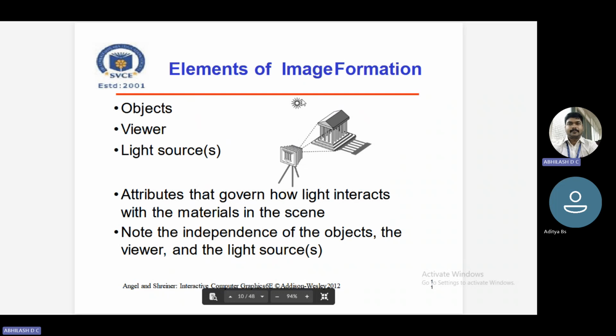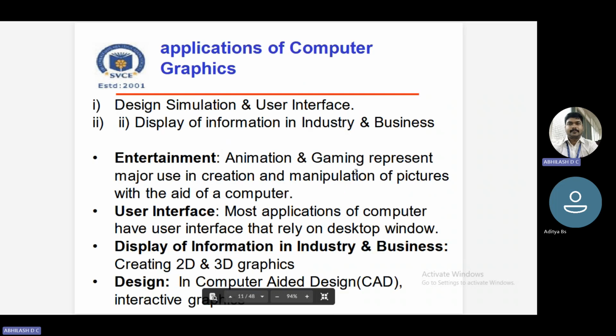So there is an object, a light, and a viewer. These are the three things needed for image formation. So these are the basic attributes. And when we come to the material of the scenes, we have many more attributes which can be discussed later, right?